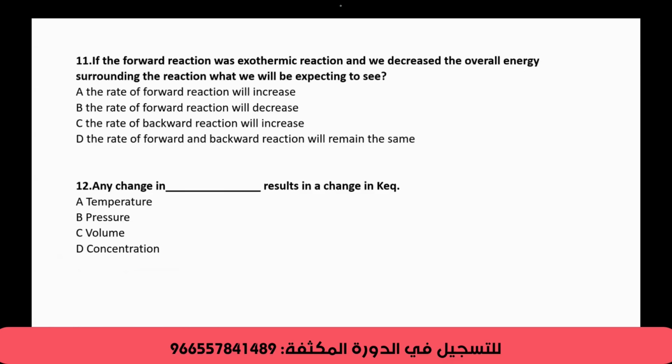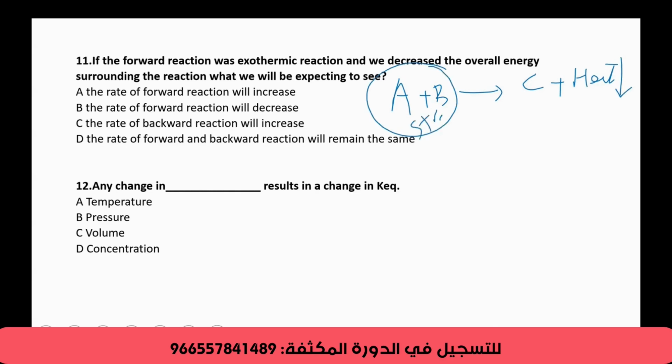If forward reaction was exothermic reaction, and we decrease the overall energy surrounding the reaction. Oh, okay. Just don't confuse yourself. Exothermic reaction is written like this: A plus B equals C plus heat, right? So if you decrease the heat, the stress will be here.